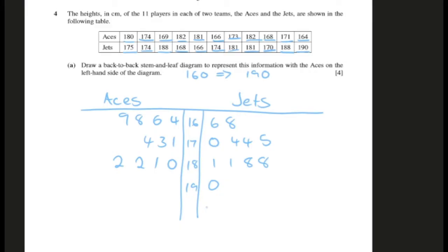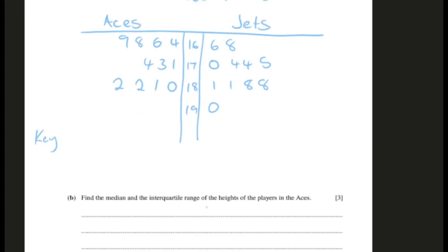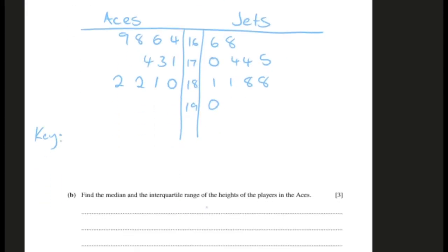So our key is that if we have 170, 0, this represents 171 centimeters for Aces and 170 for the Jets. That's our key. So this would be our final diagram.